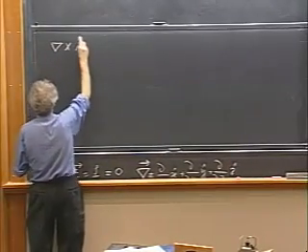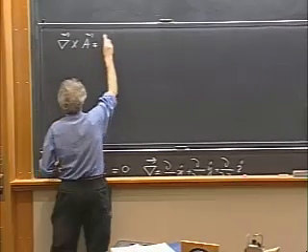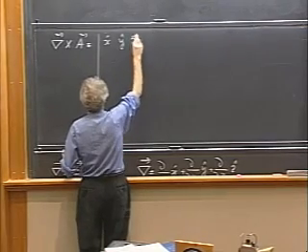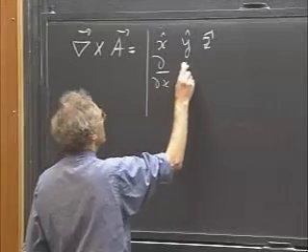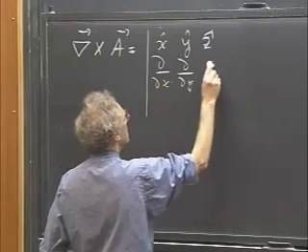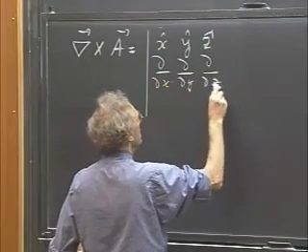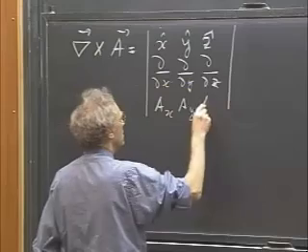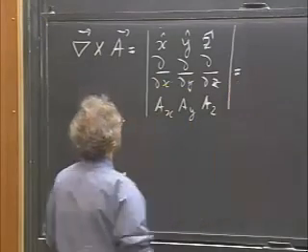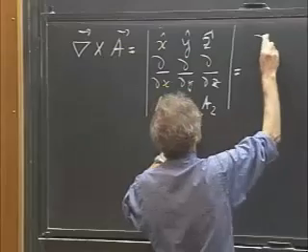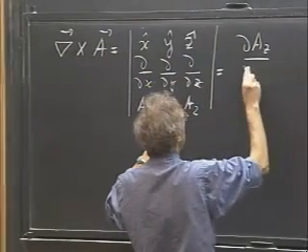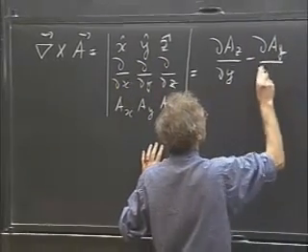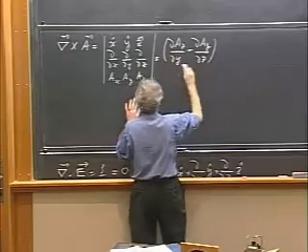The curl of A, the way I remember it, and you probably do the same: x, y, z, d/dx, d/dy, d/dz, and then you get here Ax, Ay, Az, and that then becomes dAz/dy minus dAy/dz, and that is in the x direction.